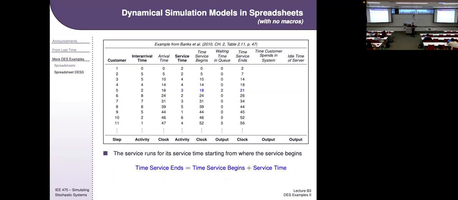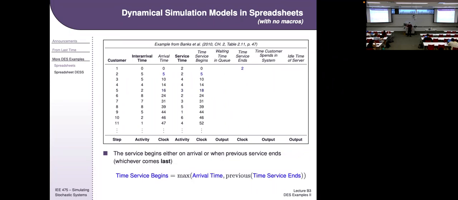So then time service ends. Well, if I think about it, what is the time service ends? Without worrying about how things are calculated, the relationship that will always be true is the time service ends will always be the time service begins plus the service time. Now, this seems a little circular because if I were to go back to the time service begins, it references time service ends.